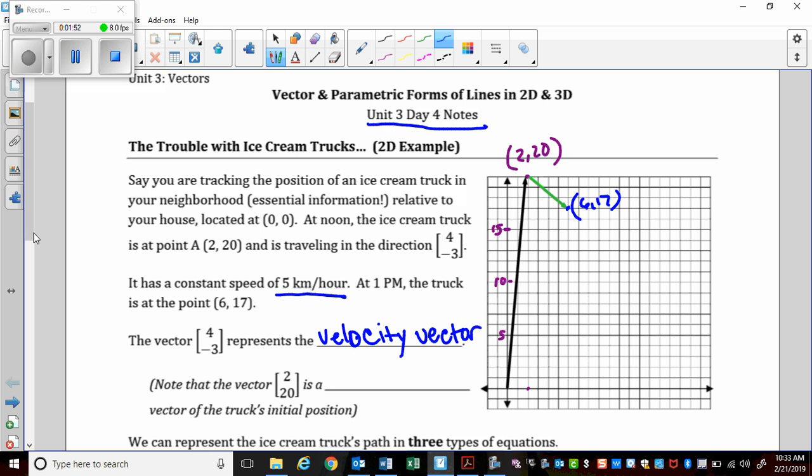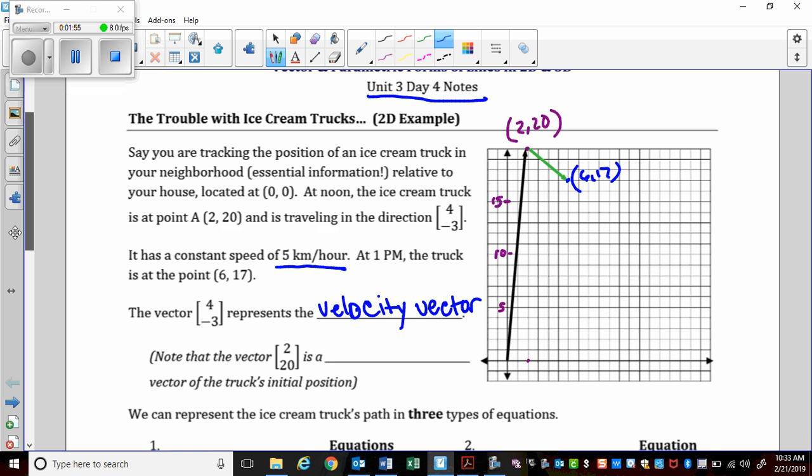Note that the vector (2, 20) is the initial position where we started. So this is going to be the initial position or position vector.